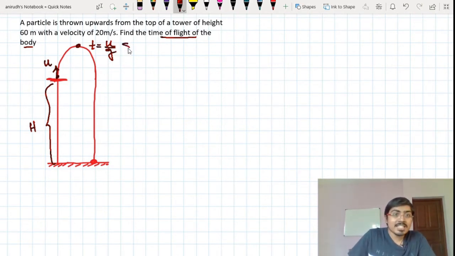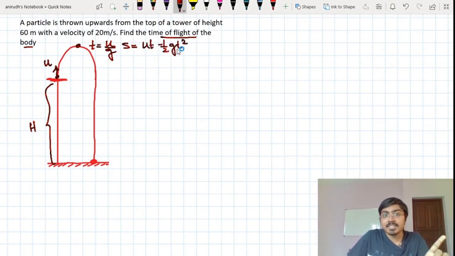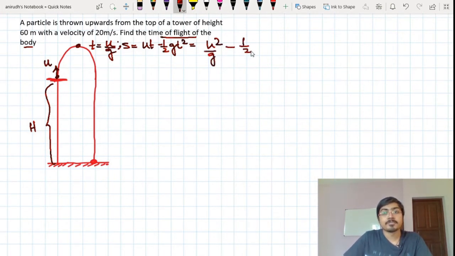So what is the distance traveled from the top of the tower to the topmost point? Distance traveled from here, that is the top of tower, to the topmost point is ut minus half gt square. I am considering the sign conventions here. So let me substitute the value of time as u by g. So u into u by g is u square by g, minus half g multiplied by t square, which is u square upon g square.